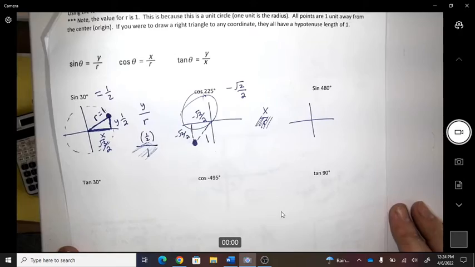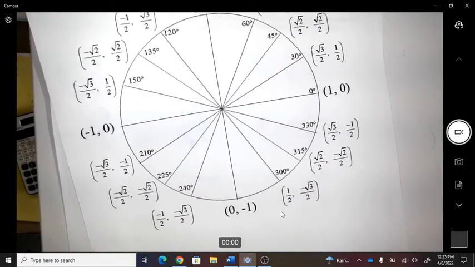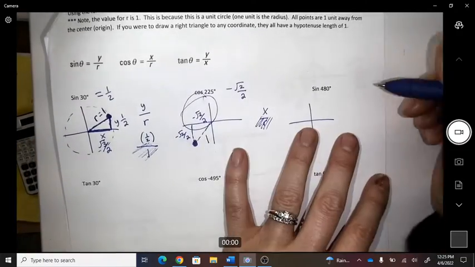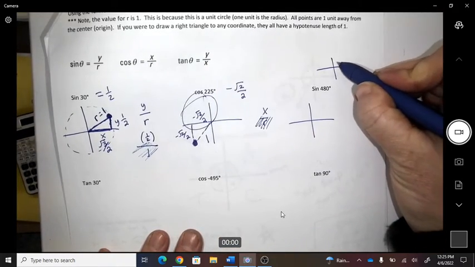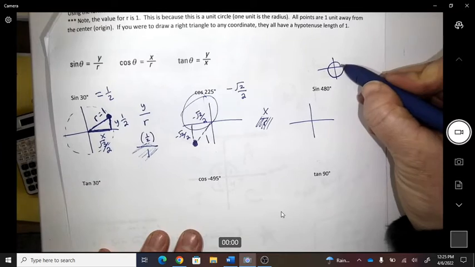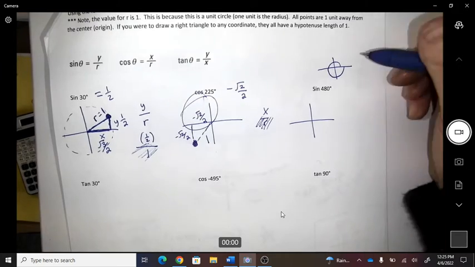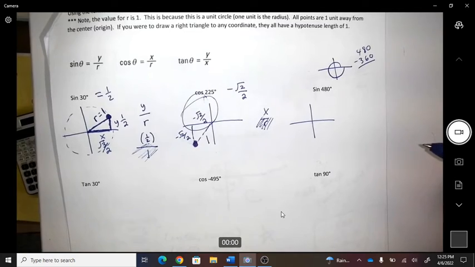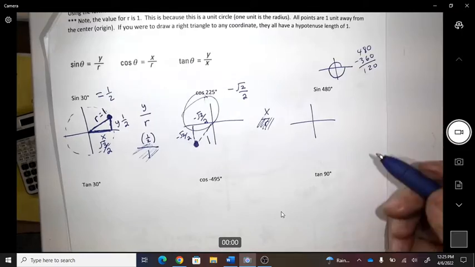480 degrees. Oh, okay. That's not on our circle. So let's talk about where you are. I'm going to be going a full 360. And then how much more will I have to go after 360? 120.